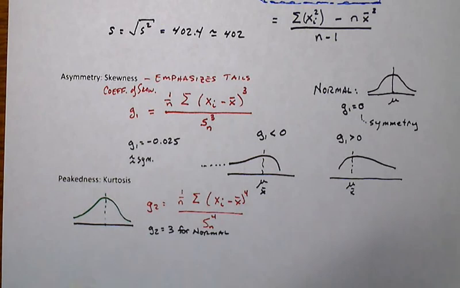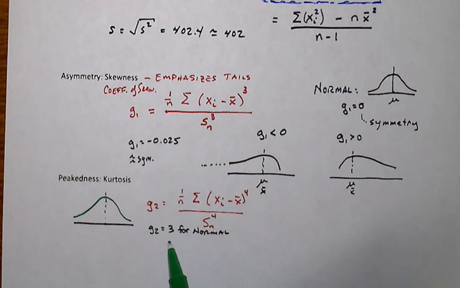Now, when you look at numbers oftentimes coming out of things like Excel and some other formulas, they know this, and so they don't like a number of 2.5 or 3.5 or 2.9. What do we do with that? They like to instead subtract off the number 3 so that single peakedness would be 0.